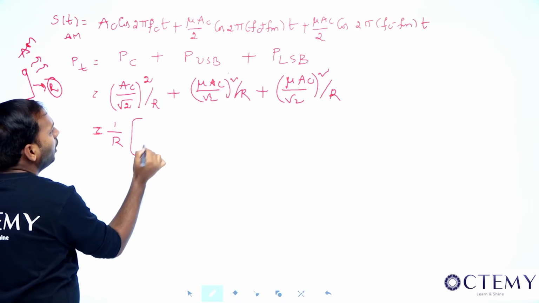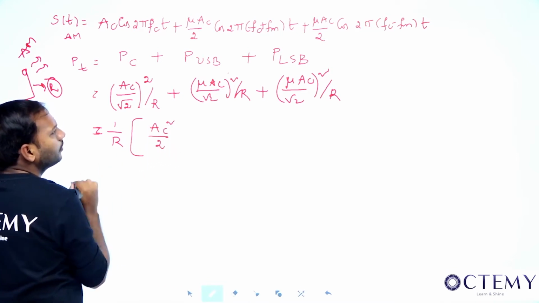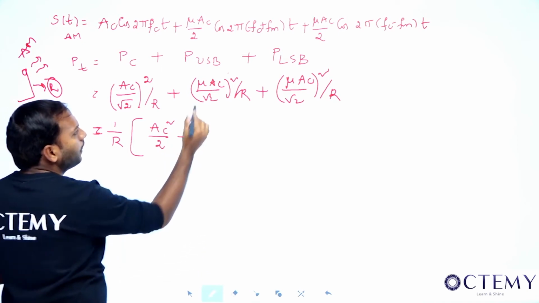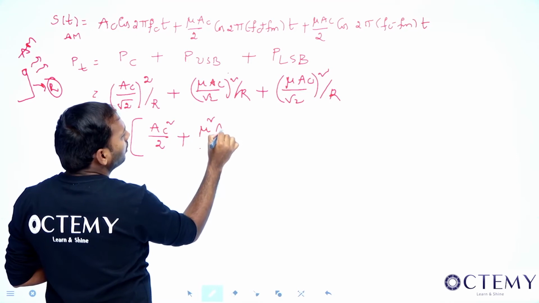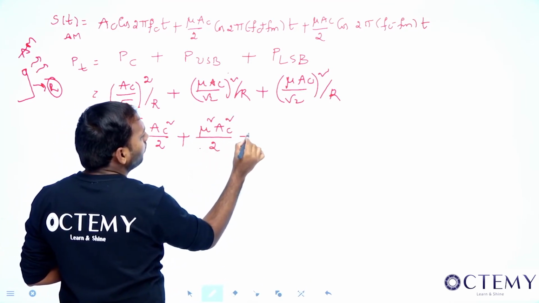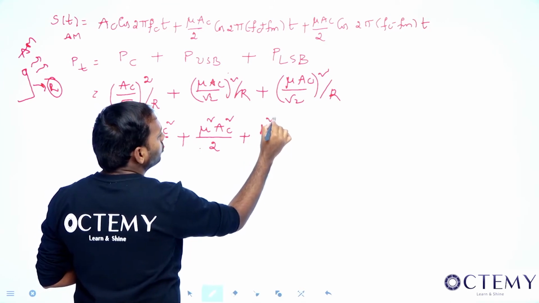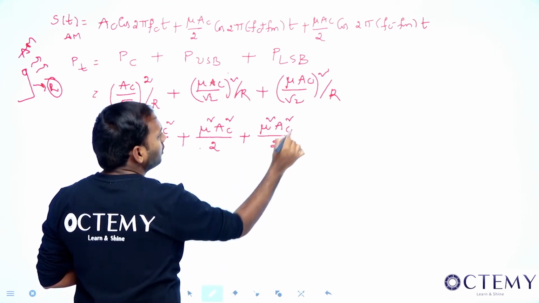And here you have Ac square by 2 plus mu square Ac square by 2 plus mu square Ac square by 2.